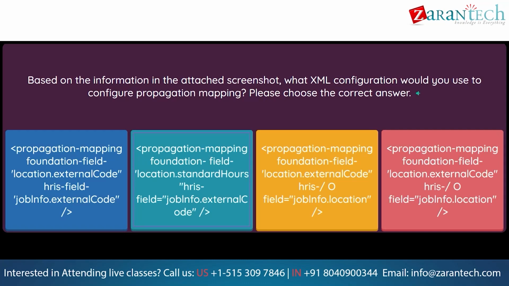Propagation mapping foundation field, location.standardHours, hrs field equals jobInfo.externalCode. Option 3. Propagation mapping foundation field, location.externalCode, hrs field equals jobInfo.location. Option 4. Propagation mapping foundation field, location.externalCode, hrs field equals jobInfo.location.